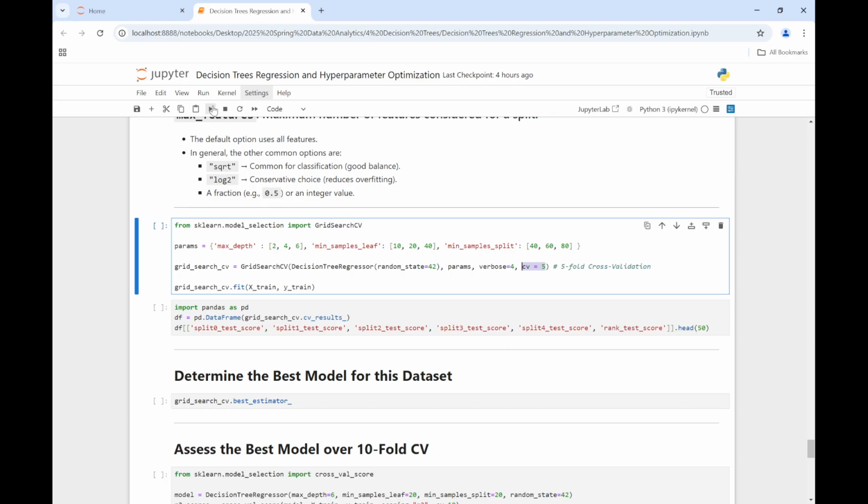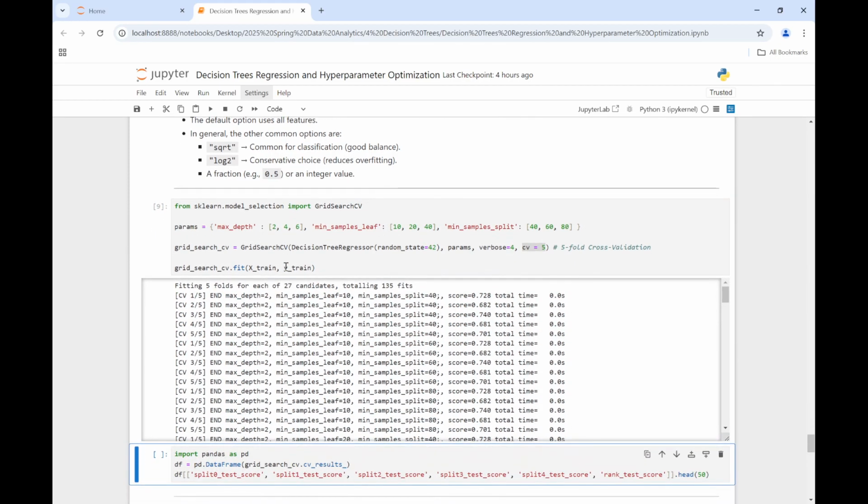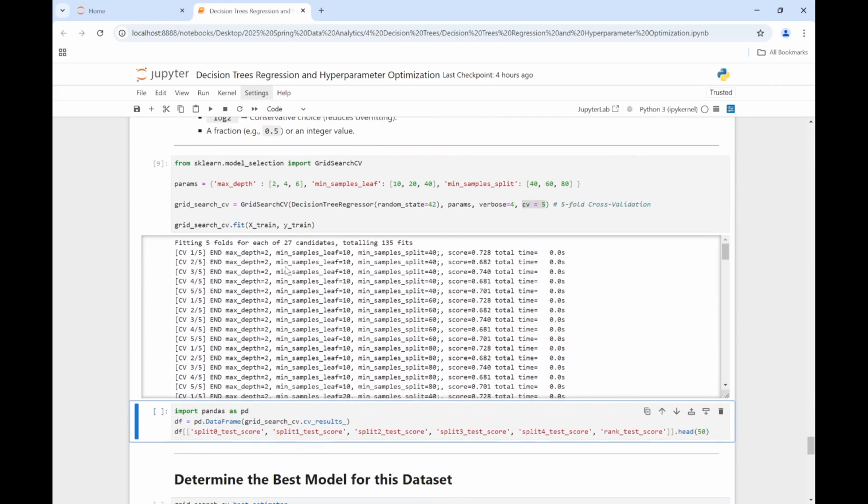And in that manner, I'm going to get five different data sets to train on and five different data sets to test on. So I'm going to get five different model fits for each combination of hyperparameters for a total of 135.